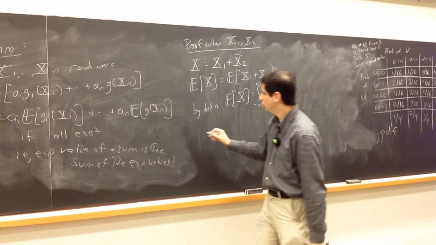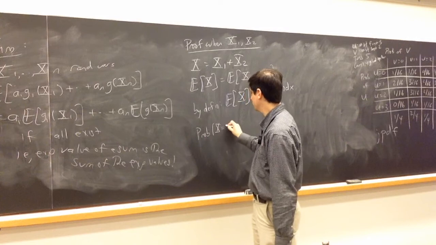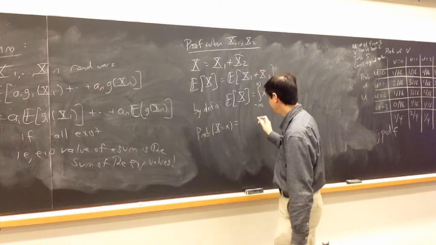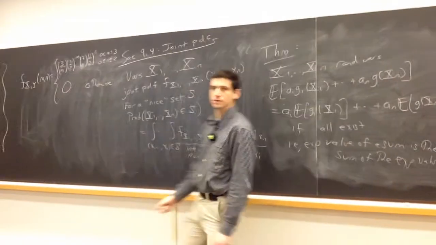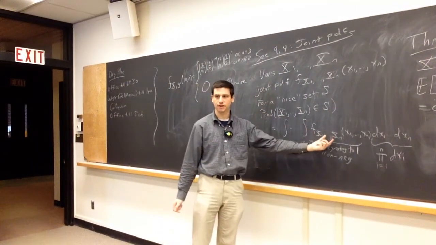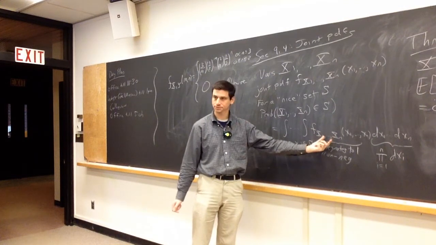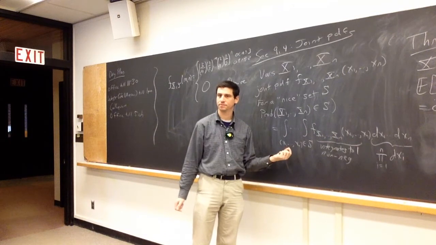Well, what is the probability that x equals x? So we have a joint density function, an f of x1, x2. I want their sum to equal a specific number.